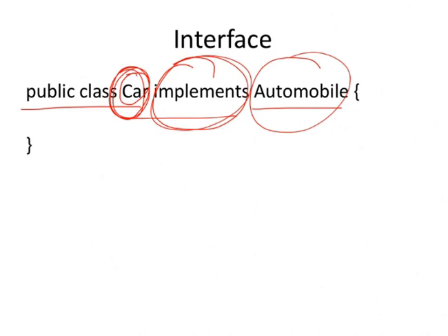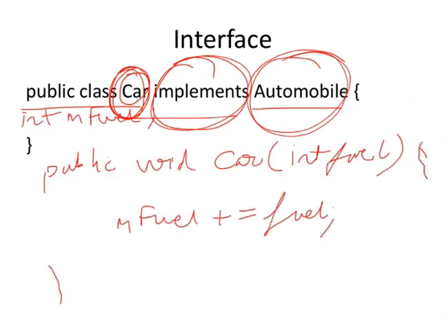What does that mean? That means that all the functionalities that this interface commands are not yet present in this car class. So let's implement our first functionality. Sorry for my bad handwriting, but this int m fuel is the instance variable for this class, and sorry, I should have written add fuel over here rather than car.